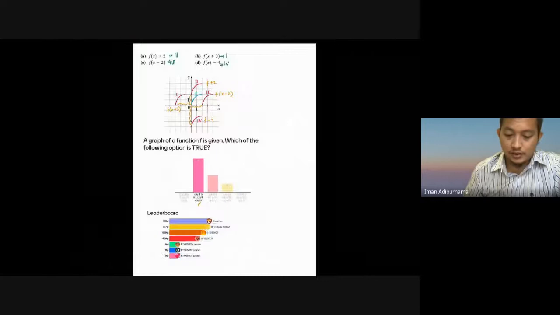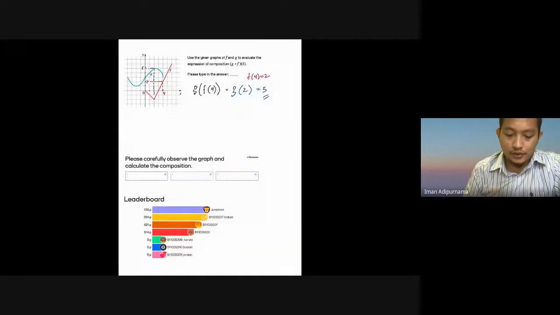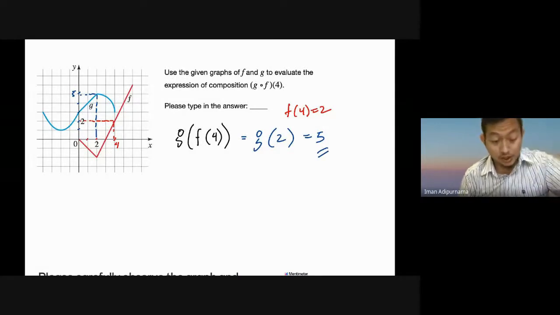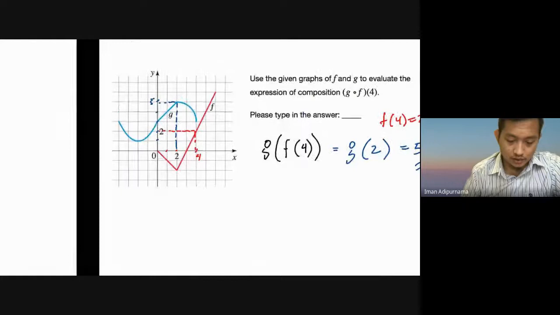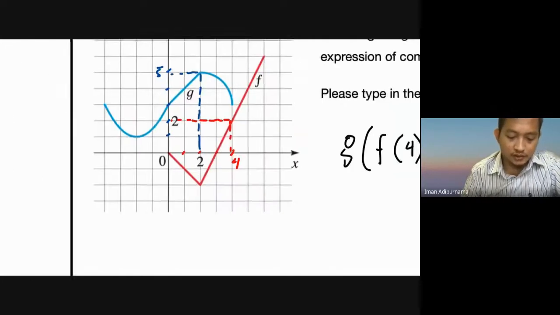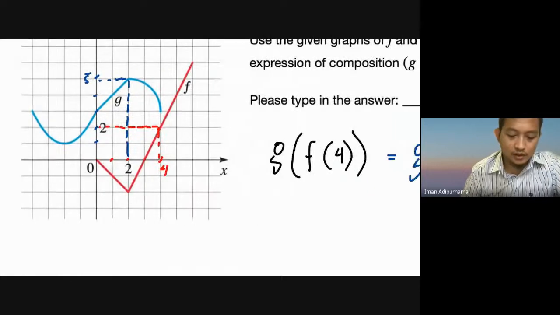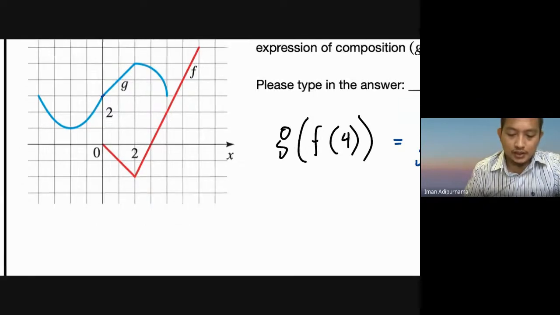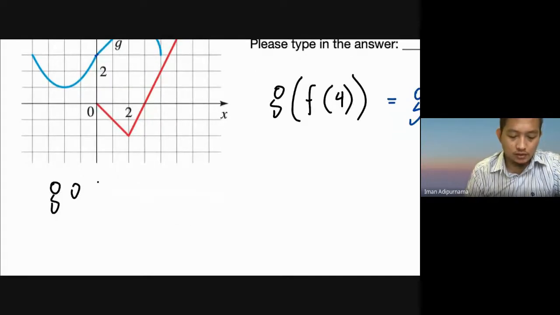All right. For the second question, I'm not sure how your process is, but in actuality, I've given this graph. Let me erase all this additional. The question is asking for g(f(4)).